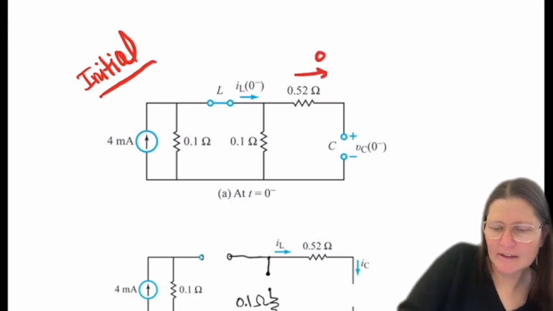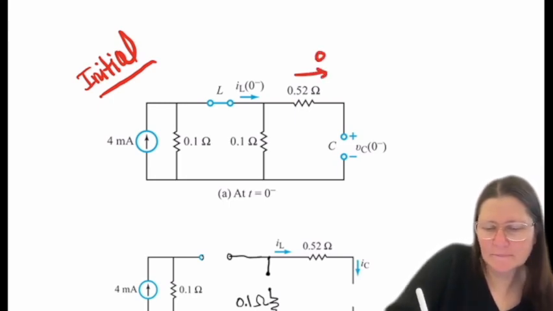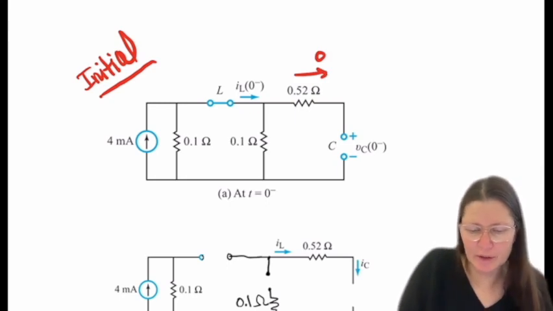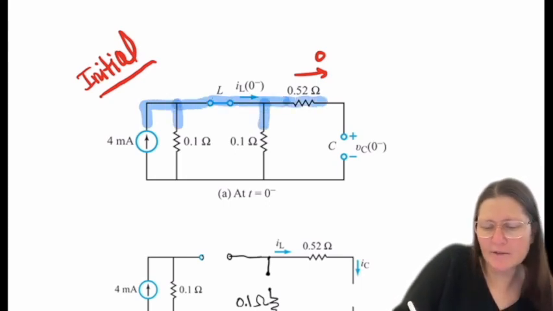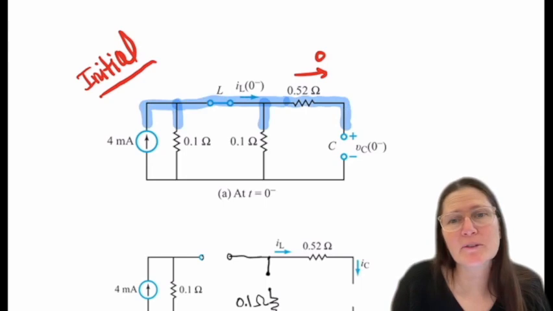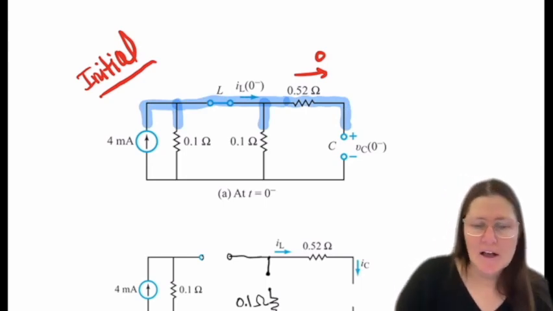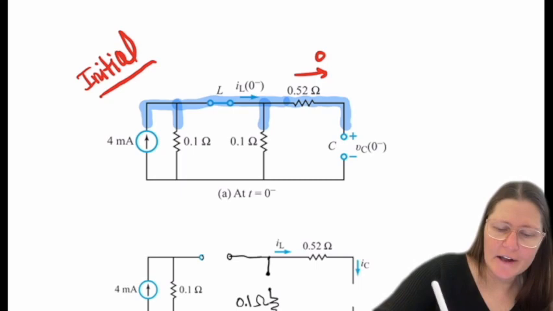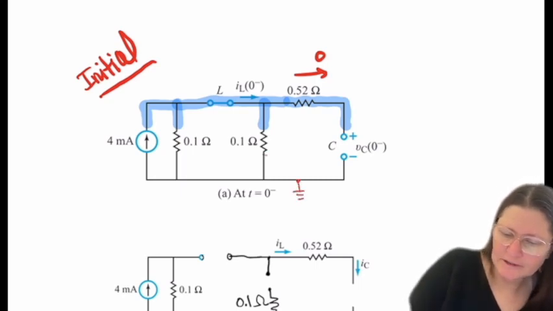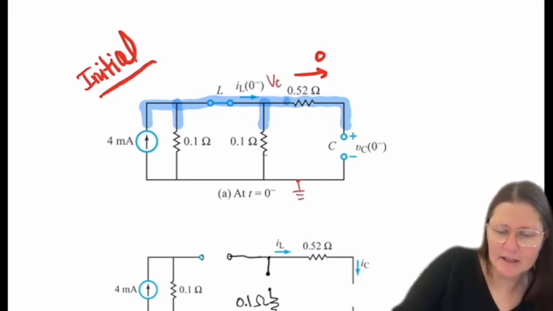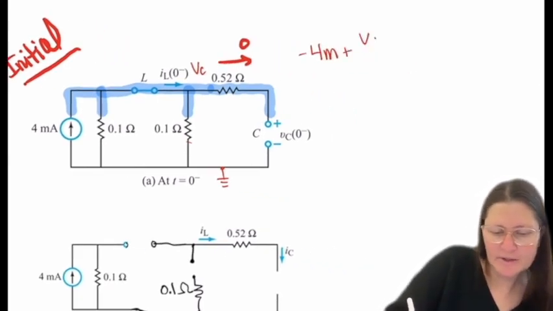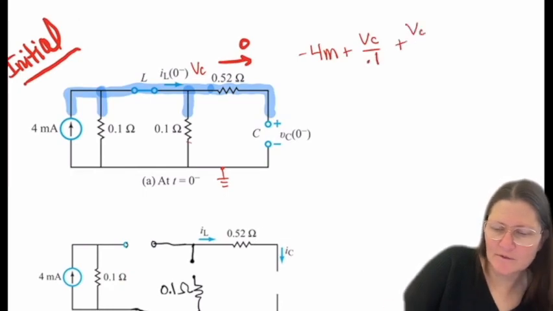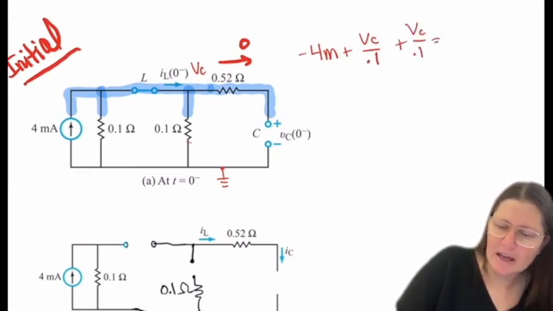And then this I can see is going to be an open, and so 0 current flows through there. And I can see that this is all the same wire, and if there's 0 volts there, that becomes all the same wire, right? And then I can put ground over here, and I can call this top one VC and do node voltage: minus 4 milli plus VC over 0.1 plus VC over 0.1, and that equals 0.